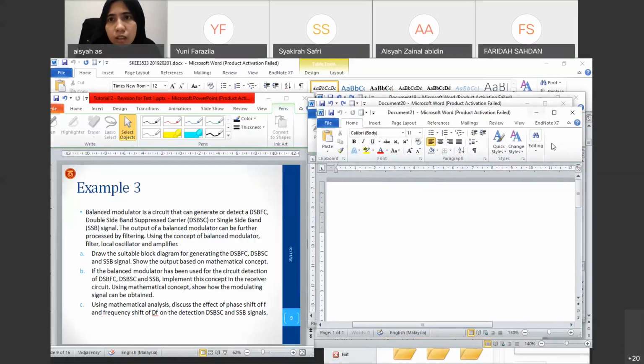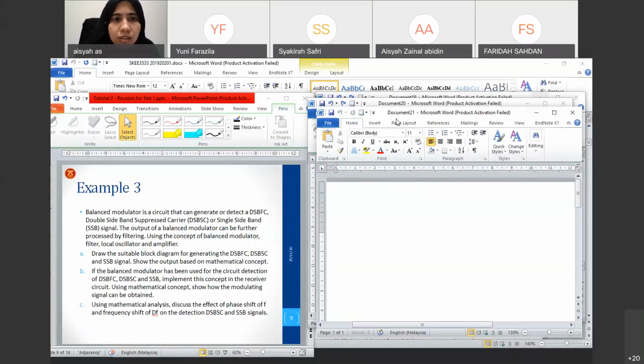Okay, for the third example, a balanced modulator is a circuit that can generate or detect a DSBFC, double sideband suppressed carrier, or single sideband signal. The output of a balanced modulator can be further processed by filtering.